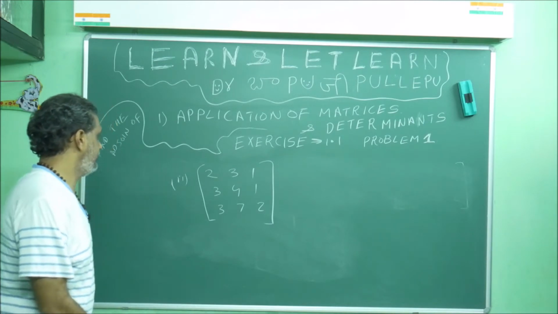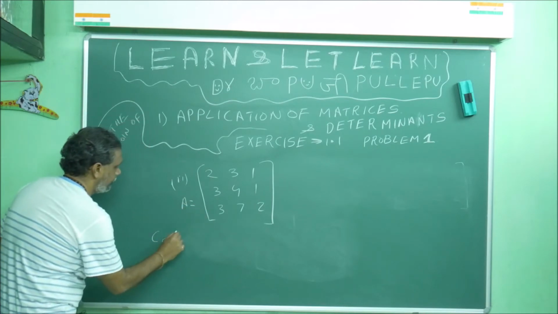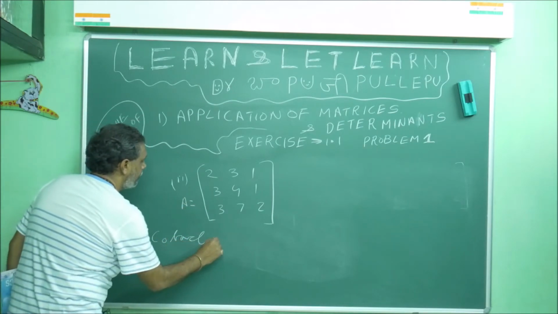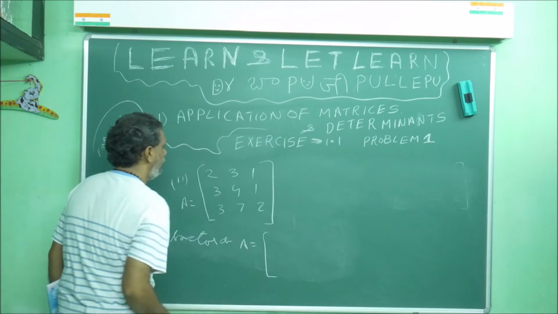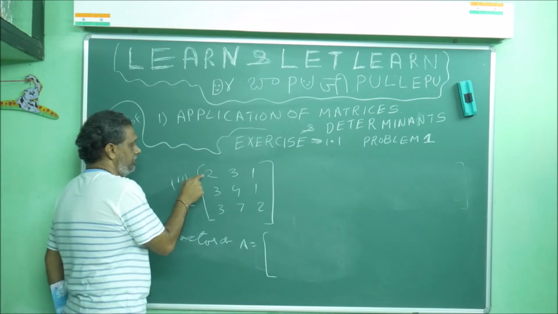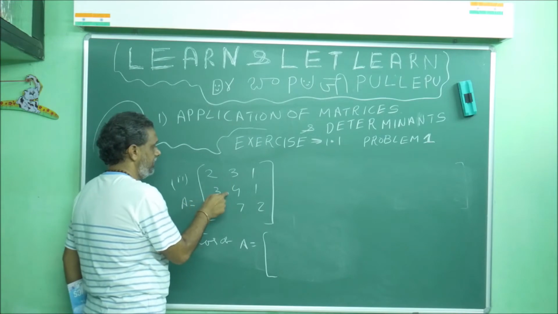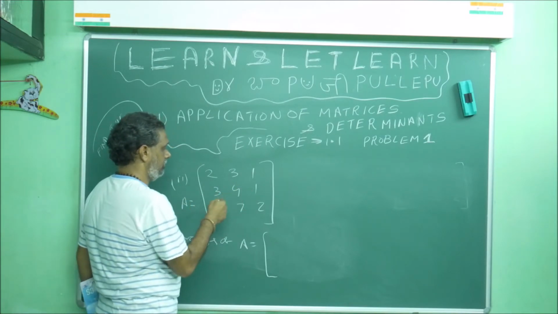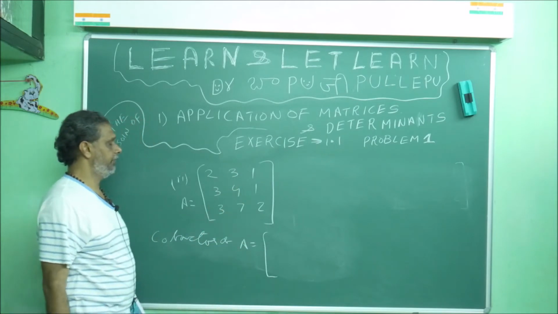Now, this matrix is A, and I will find the cofactor of A. For the cofactor signs, the first row starts with plus: plus, minus, plus. The second row starts with minus: minus, plus, minus. The third row starts with plus: plus, minus, plus. Don't worry, I will tell you.